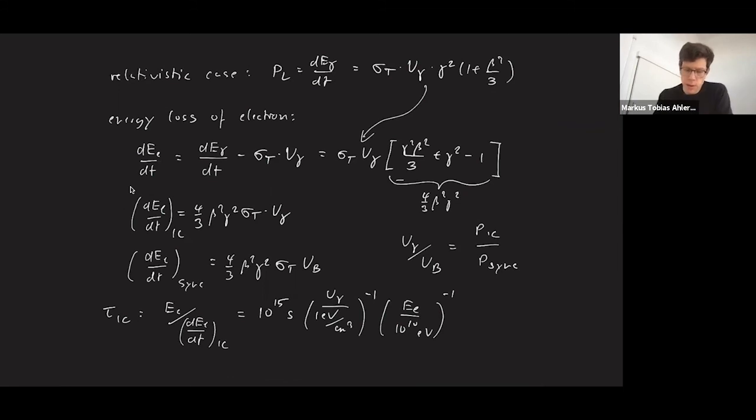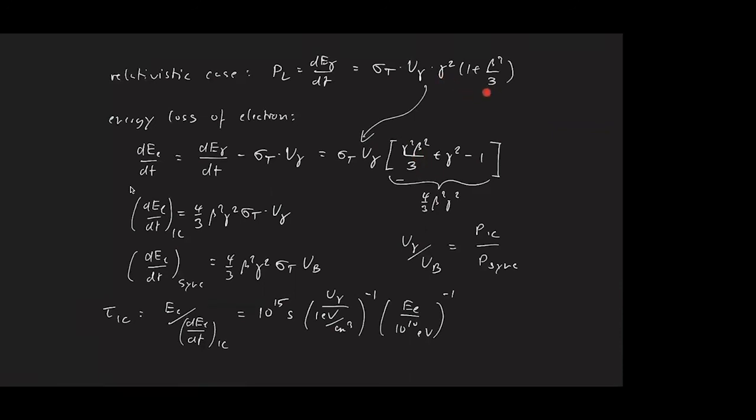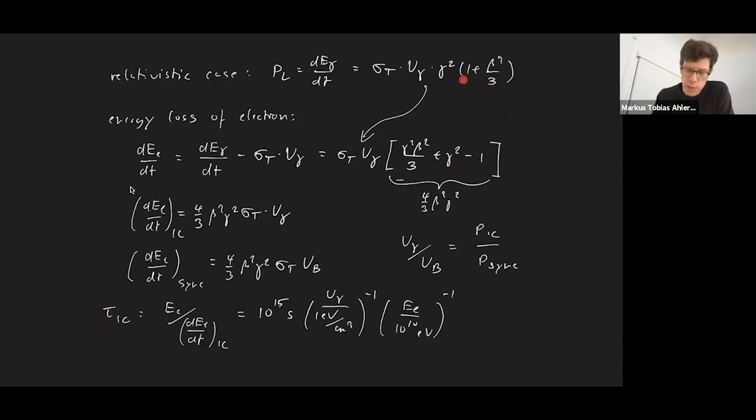Yes. So this here is gamma squared beta squared divided by 3. This is coming from this contribution here. Then you have plus gamma squared, which is coming from this contribution. So the first two terms are just the original Larmor power.